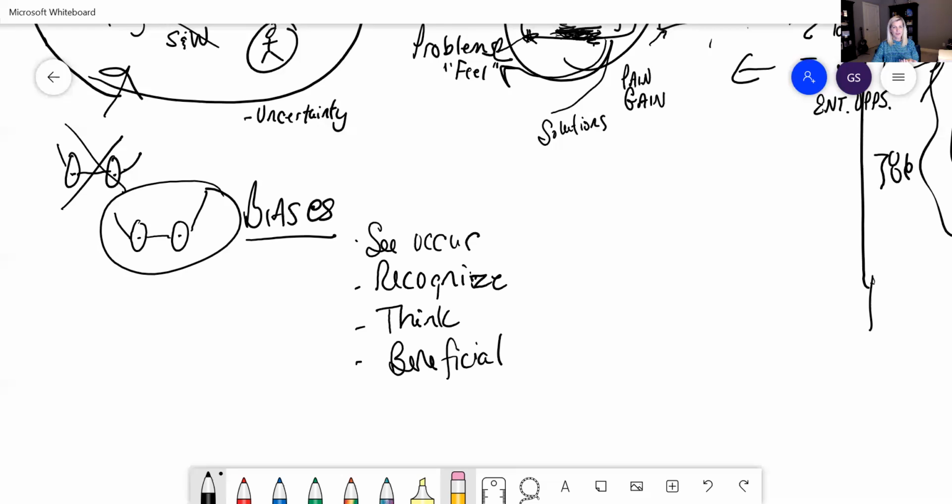Now, what happens with our biases is lots of times we just make an observation, we see something, and we react. When we react, that is action without thinking.